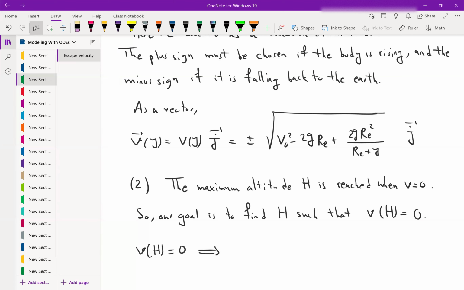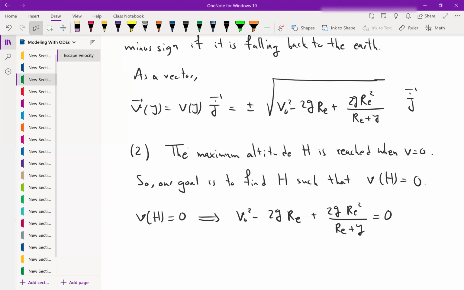V of h equals 0 tells me that v0 squared minus 2g re plus 2g re squared divided by re plus y is 0. Okay, I want to solve for v0. I want to find the v0, the initial velocity that ensures that the maximum altitude is h. So I want to find v0 from this equation.